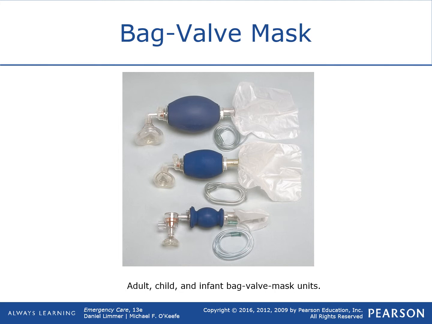So if we have a 2 liter bag and we only need 500 milliliters for an adequate breath, that's 4 times what we need normally. So it's critical to watch for chest rise and not go beyond that point, because if we do, we're going to be overinflating the patient's lungs, and that's very easy to do with bag valve masks.